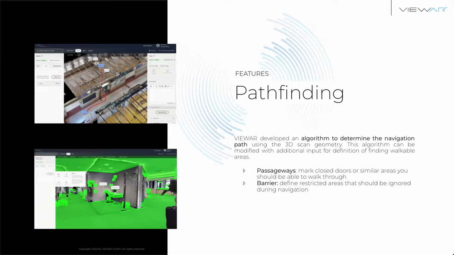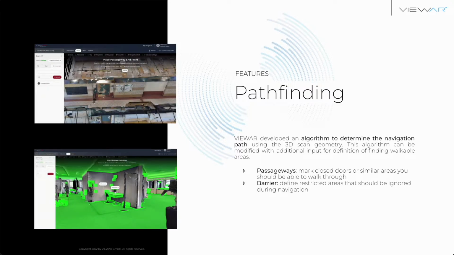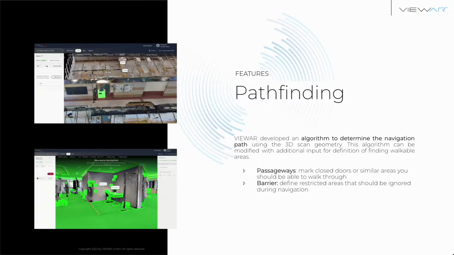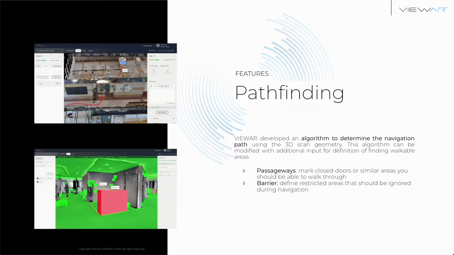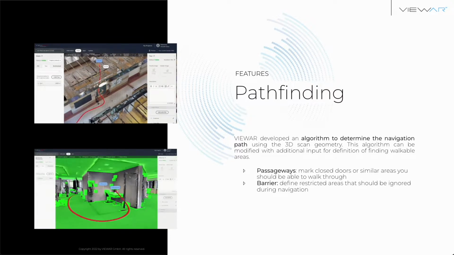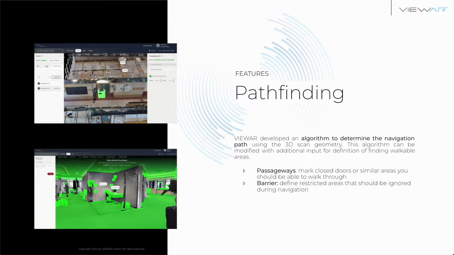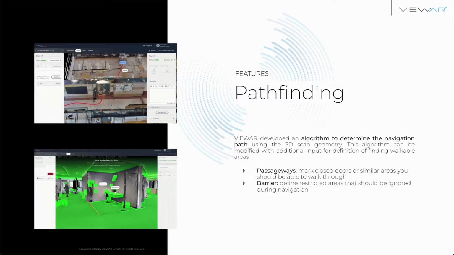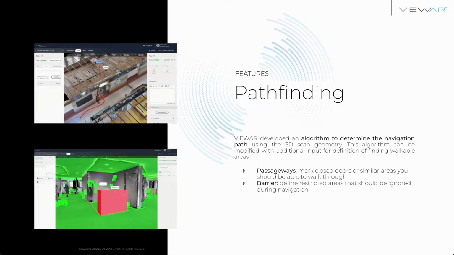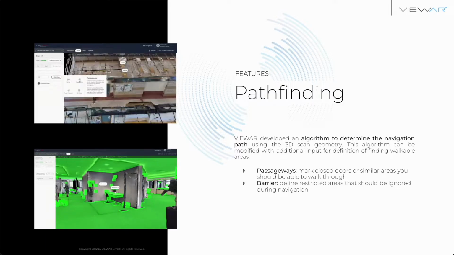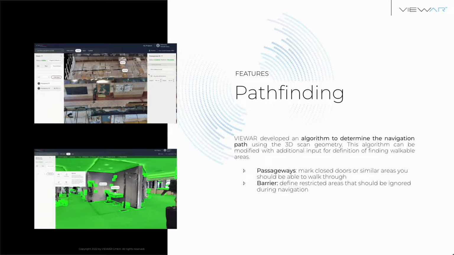Passageways will allow you to walk through areas where geometry would actually be blocking those areas, like closed doors in scans, and barriers will block navigation through areas that were not recognized by the scanner, or where you don't want to allow navigation, as in, for example, through glass doors and glass windows and so on.